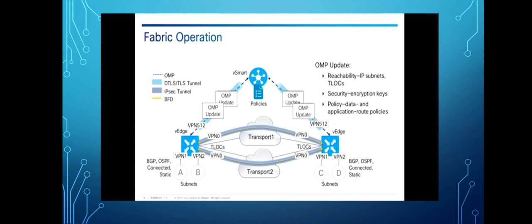IPsec, you must be aware of IPsec. IP security, we've got GRE and IPsec tunnel. IP security or IPsec tunnel, it is more encrypted if compared with GRE. The connection between vSmart and VH will be OMP, or it will be using OMP protocol.